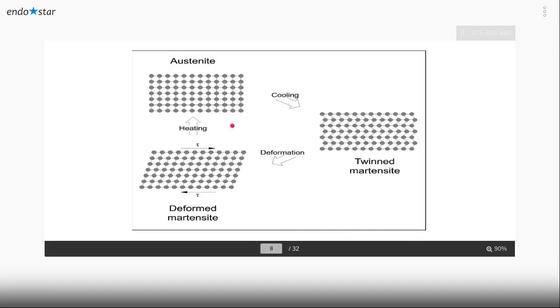As you see here, to make it more simple, we have the austenitic wires, which when cooled give us the twinned martensite. After deformation during our work, it will be a detwinned martensite, or deformed martensite, or deformed file, okay? But still the matrix is mainly martensitic nickel titanium, not austenitic. When sterilized, it comes back to austenitic.